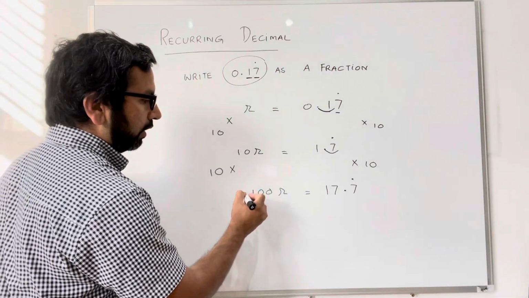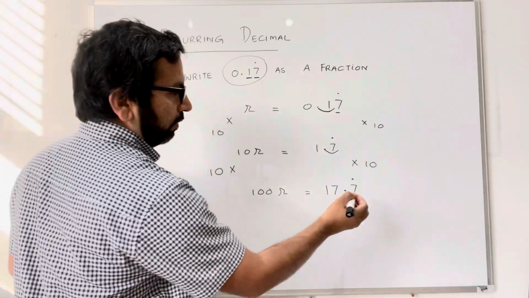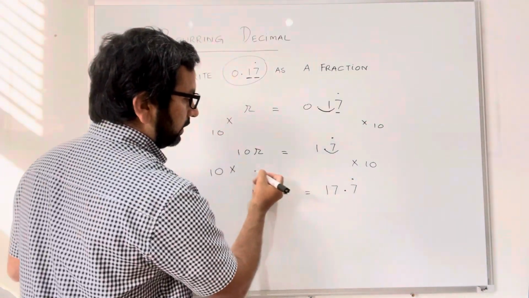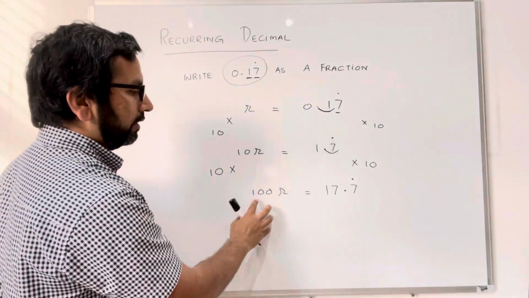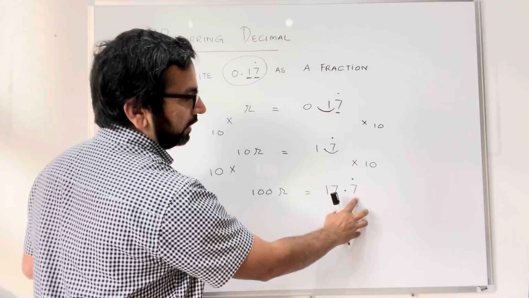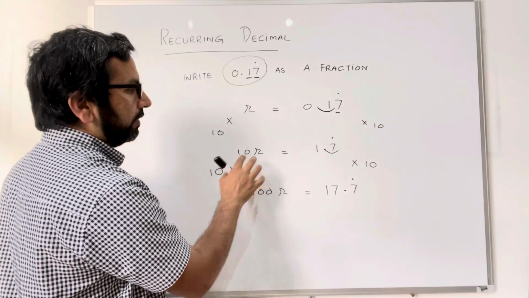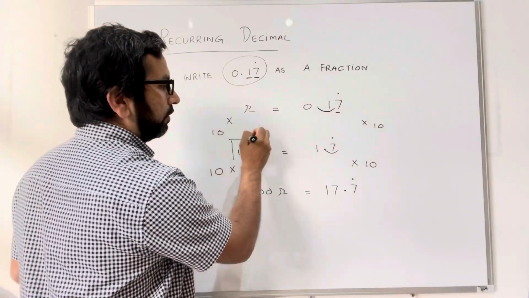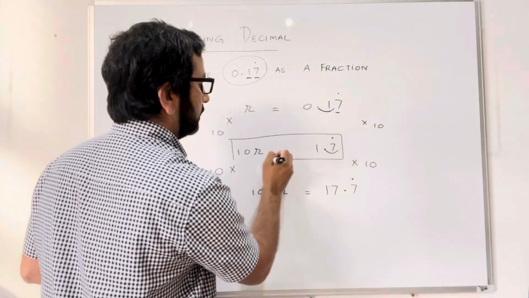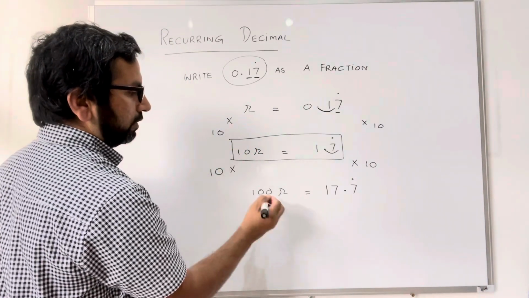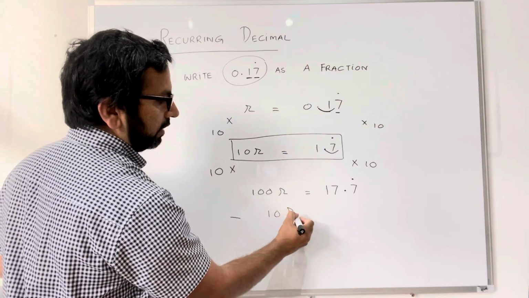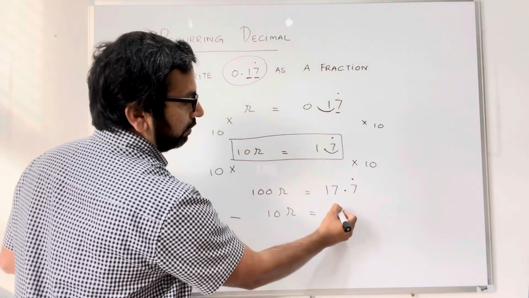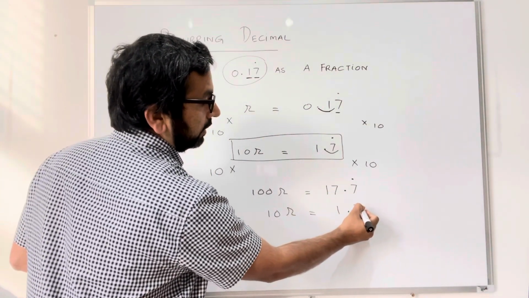So we now have the equation 100R is equal to 17.7, and we will take away from it our first equation, so take away 10R, which is equal to 1.7.